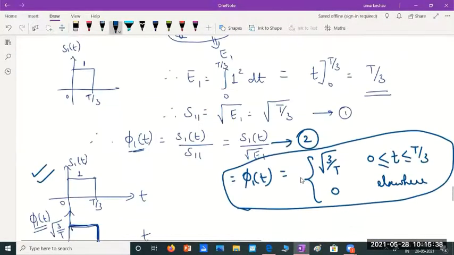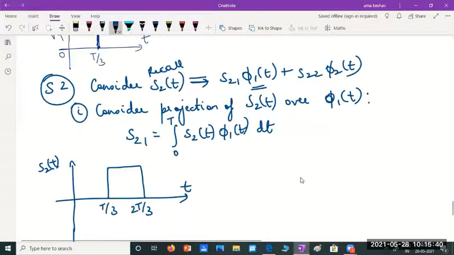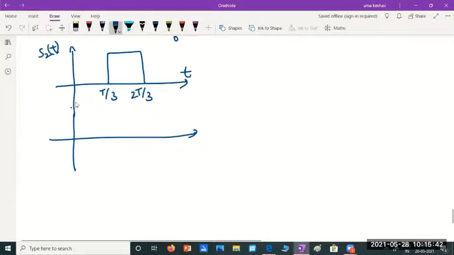And what is phi1? It exists between 0 to t by 3, and this value is root 3 by t. This is phi1 of t. We have it here.